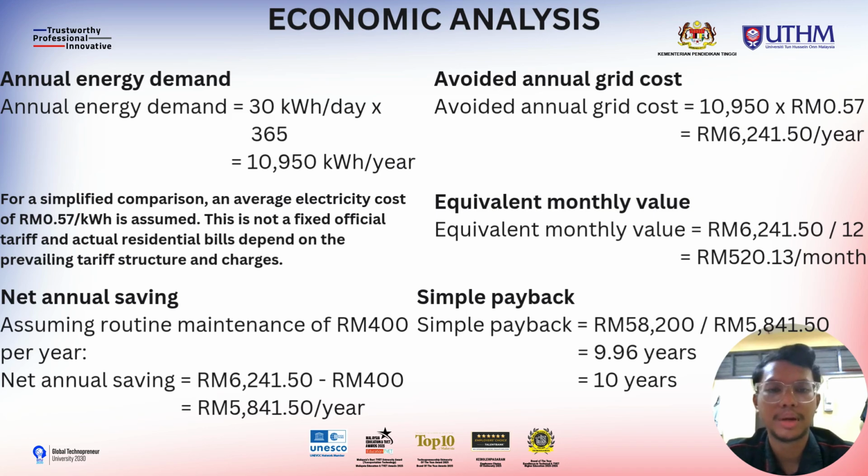For simple payback, the calculation is 58,200 over 5,841.50 equals 9.96 years, or roughly 10 years simple payback.